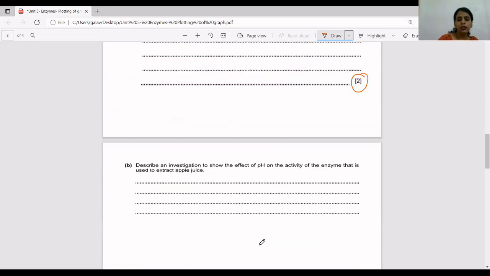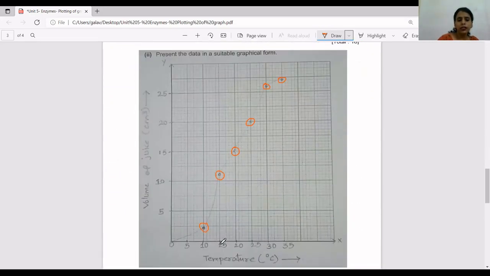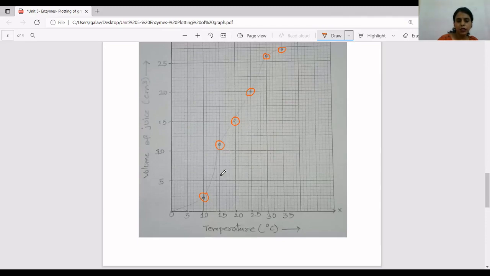If you look at the graph plotted here, as temperature increases, the volume of juice produced also increased. This is one point. You can write: volume of juice produced was also increased as temperature increases. Then another point you can write down is that the maximum increase in the volume of juice produced was between temperature 10 and 15.